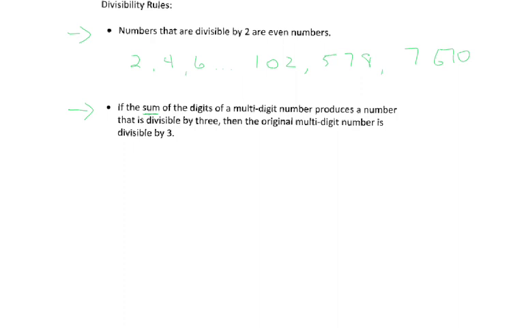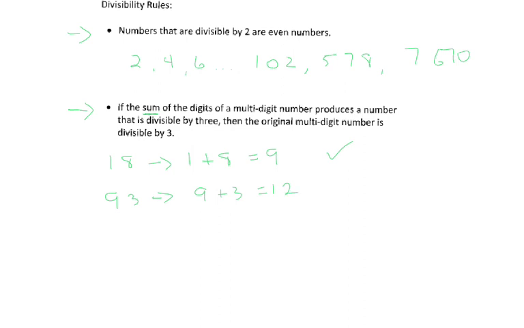So, for instance, the number 18, if you add up the digits, we get 1 plus 8, which is 9. And 9 is divisible by 3, so 18 is also divisible by 3. The number 93, if I add up the numbers, I end up with 9 plus 3 equals 12.